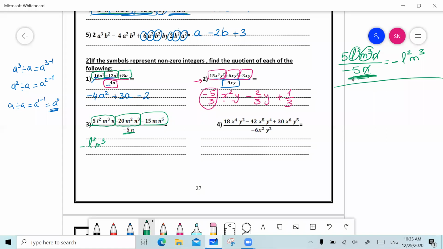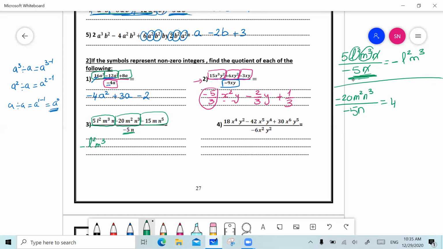And then I'm going to take the second one, -20, M to the power of 2, N to the power of 3. This is divided by -5N. Again, dividing the coefficients together, -20 divided by -5, this is equal to +4.